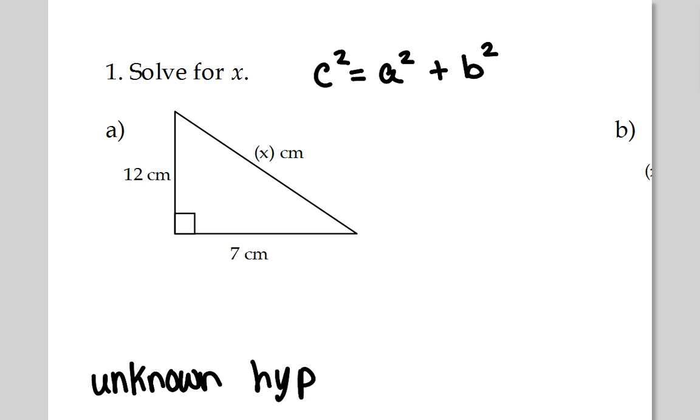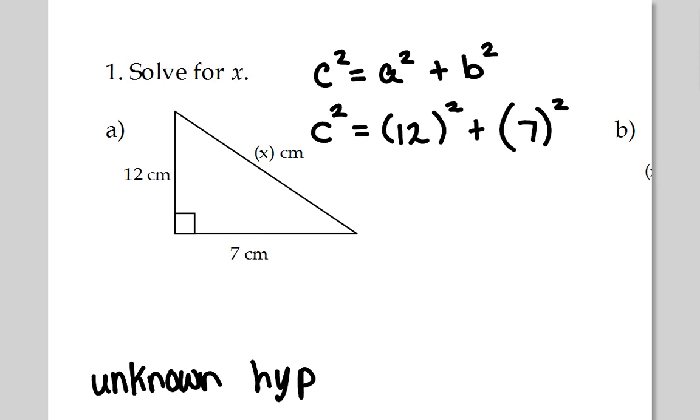When I substitute, I use a bracket. So where I see a, I will put 12 or 7. It doesn't matter. Let's just put 12. And for b, if we put 12 there, this one has to be 7. Order of operations states that we should do the exponents first before adding.